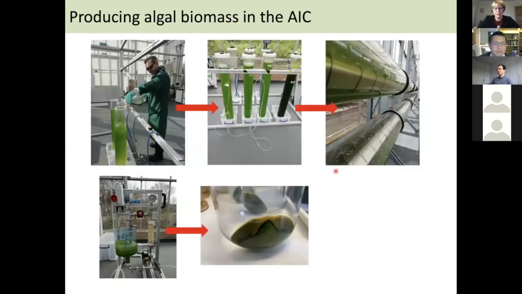So here is how we actually grow the microalgae. This is my colleague Matt Davey, and he's pouring a small flask of algae here into a larger, tubular photobioreactor of about 10 litres, and you can see it growing here. We have much larger photobioreactors, which are about 150 litres.